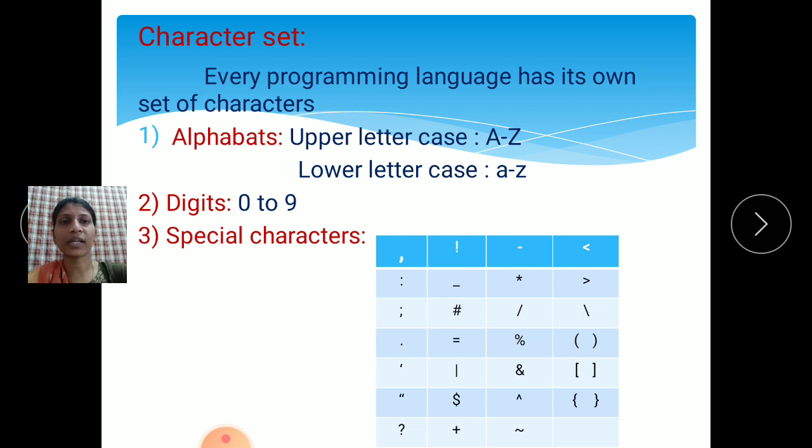If you want to declare a single alphabet, we use the single inverted comma. The double inverted comma is used for whatever input or output statements you write in scanf and printf statements; we write that statement in double quotes. So this is the double quotation. Then this sign is called a question mark.